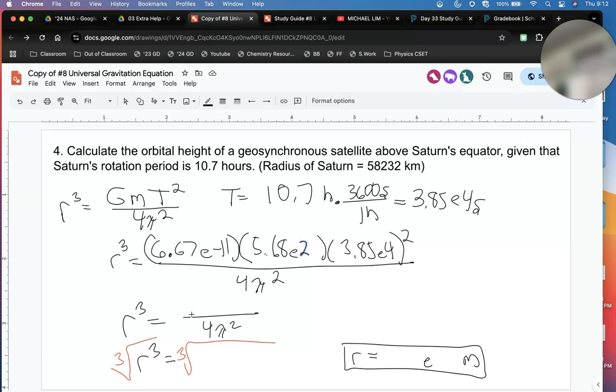Start over. What's easier than parentheses is multiply. So just put in 6.67 E negative 11 times 5.68 E26 times 3.85 E4, but then square it.